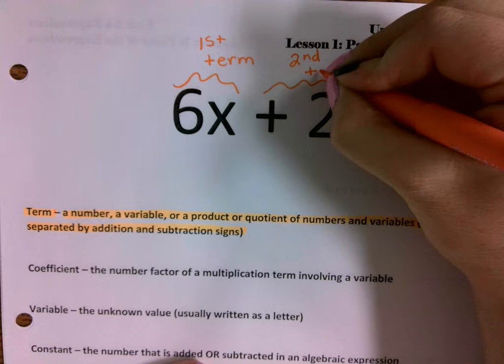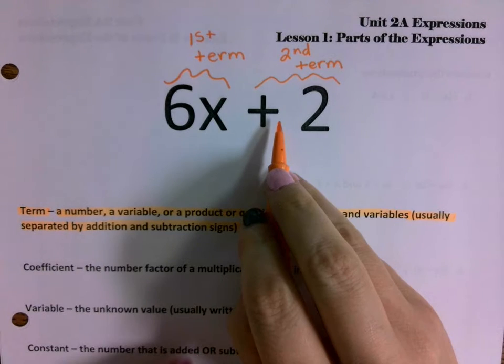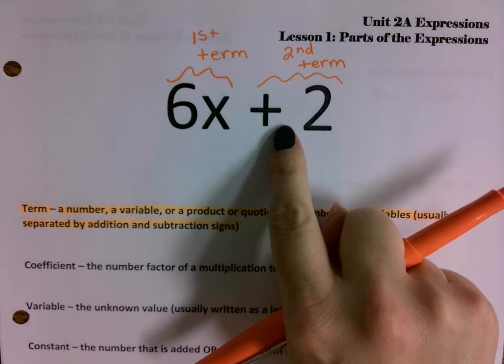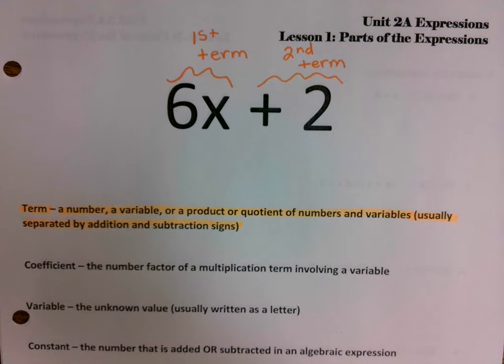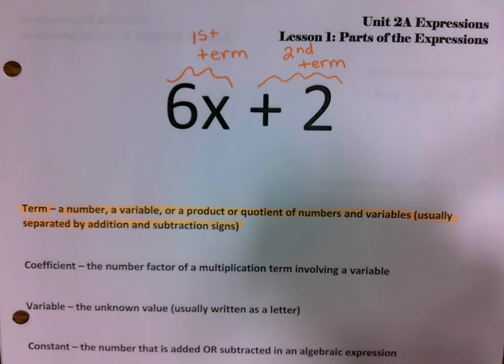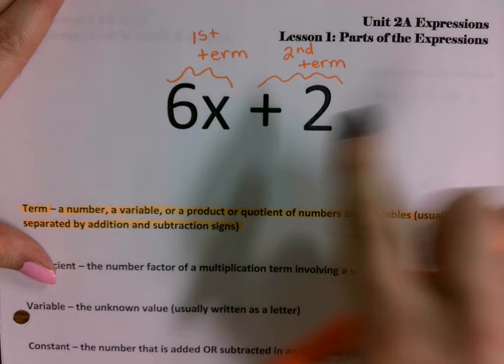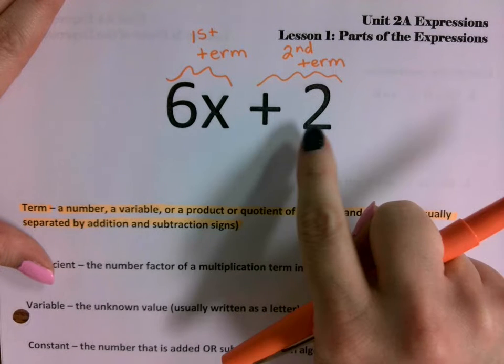Notice I'm including the plus sign. It's not so important that I'm including the plus sign, but if that was a minus sign, that would be very important to include it. When we separate them into terms, those pluses and minuses become positives and negatives. So when you're talking about them as a separate term, this means positive 2. If it said minus, it would mean negative 2.